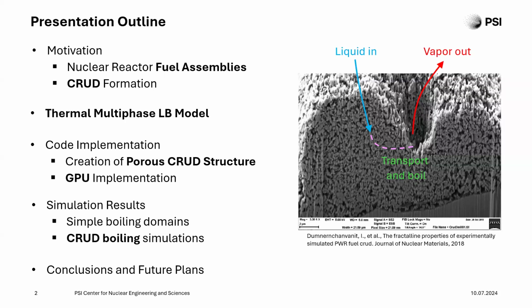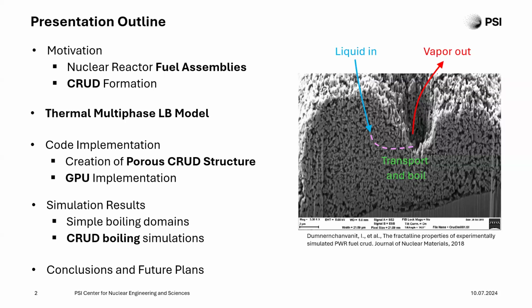the CRUD formations. You can see an example on the right-hand side, and they are very porous, complex geometries. Essentially, the liquid that surrounds the fuel rods goes in, then it's boiling within the pores, and it escapes through structures called steam chimneys.